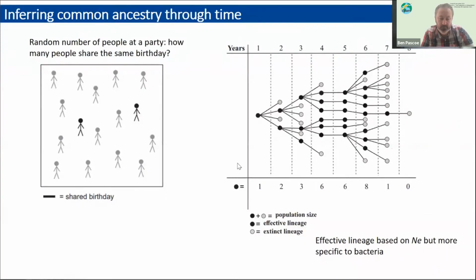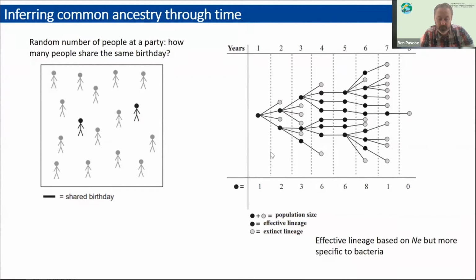We developed the idea of the effective lineage size. An effective lineage is based on the traditional effective population size, Ne, but it's more relatable to clonal organisms like bacteria.